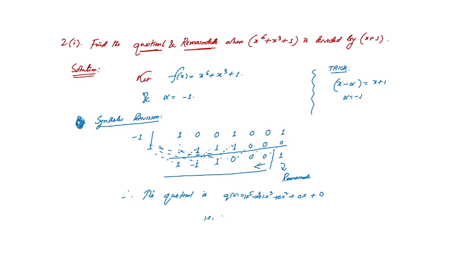So the quotient equals x to the power 5 minus x to the power 4 plus x cube. This is our quotient. And what is the remainder? The remainder is 1. In that way you can solve this problem.